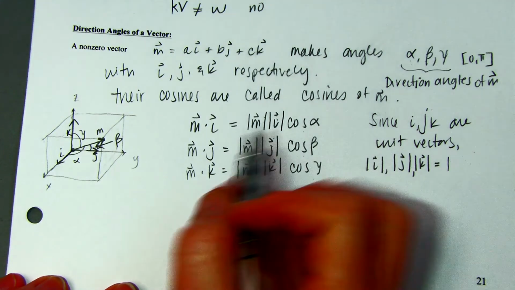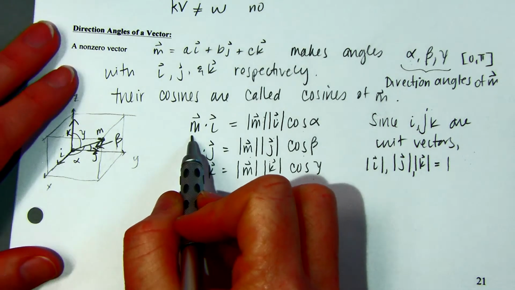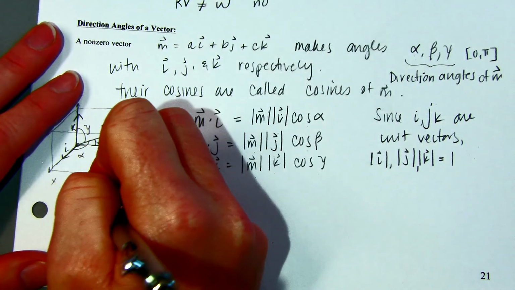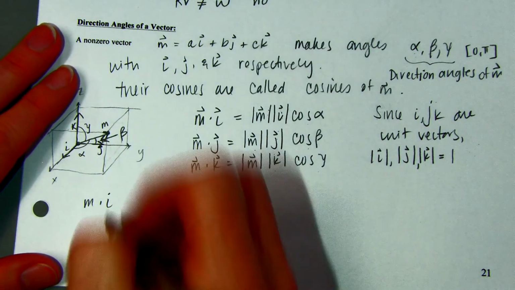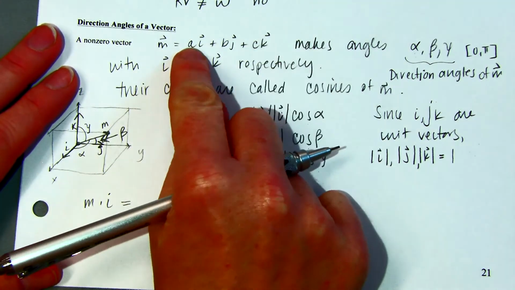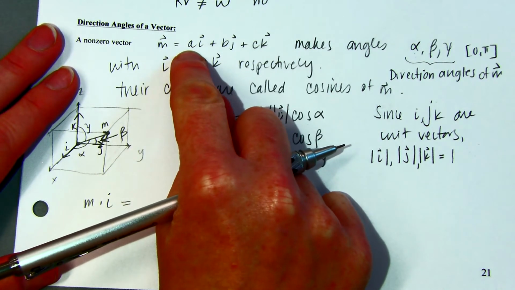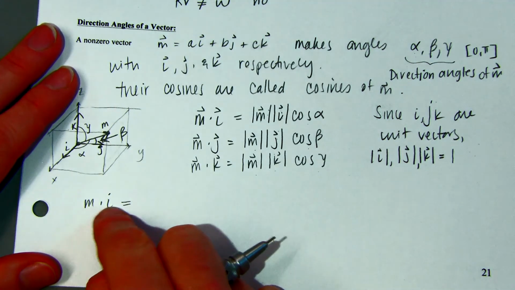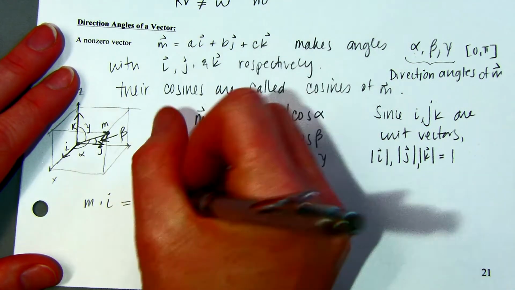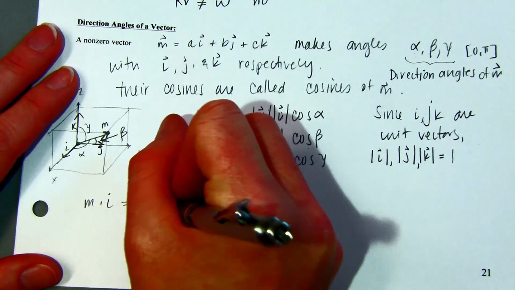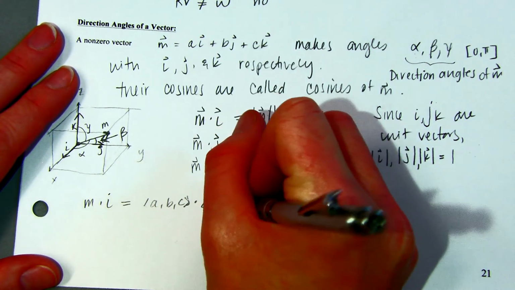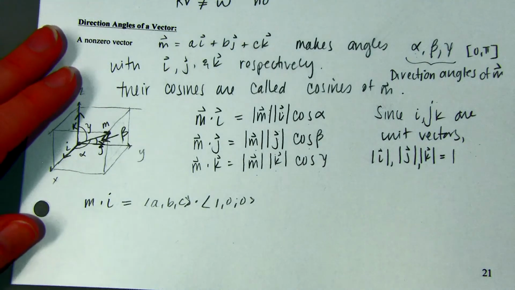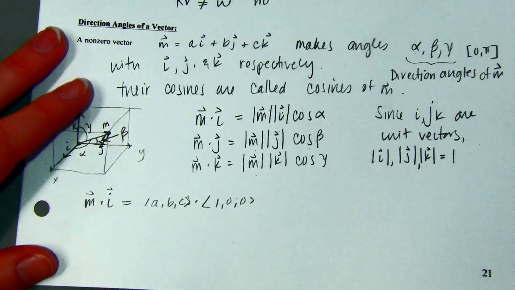Now if I take m times i, I get the coefficient here. If I multiply m times i, so m is a, b, c, and i is 1, 0, 0, then what's m times i? a.